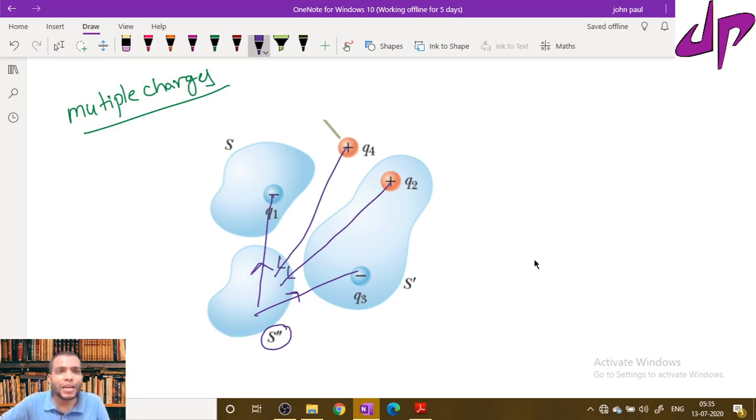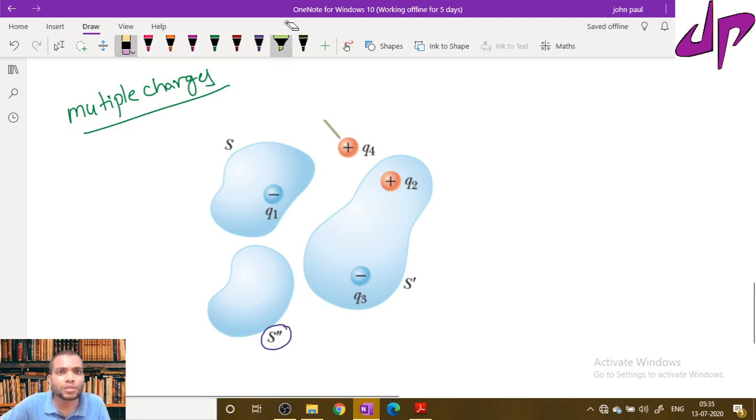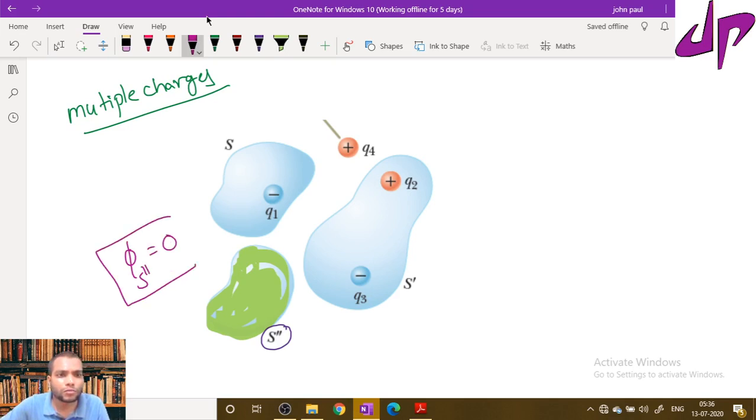The electric field lines are going through the surface, but if you apply Gauss's law to this surface, what net flux value can you write? The flux through the surface S double dash is equal to 0.